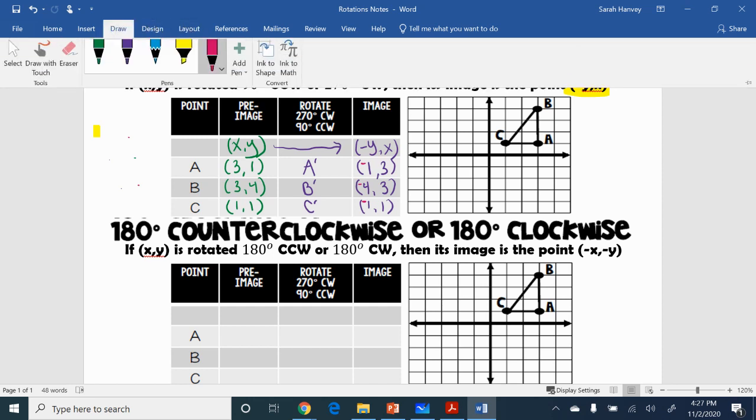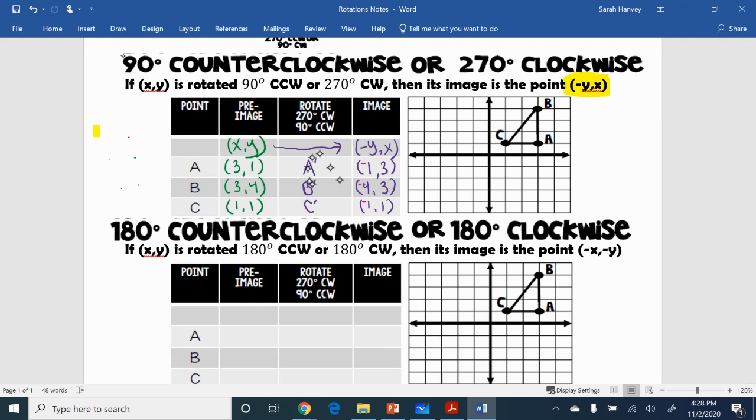We take all of those points and plot them: (-1, 3), then (-4, 3), and (-1, 1). This is our A prime. It's good to label it as you go. Don't do what I did. Label it as you go. Then B prime and your C prime.